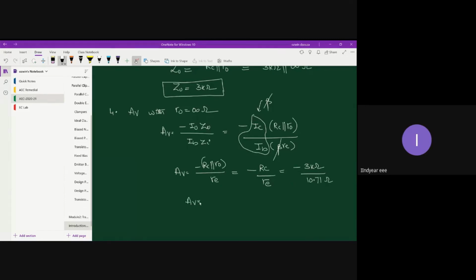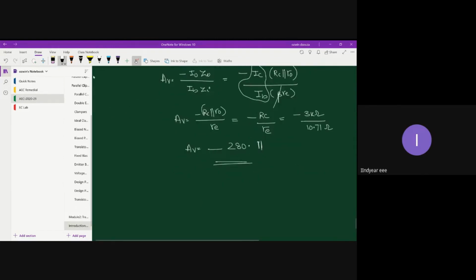So how much will you get? AV is around minus 280.11. That's the textbook answer. So that's your voltage gain under infinite output resistance.